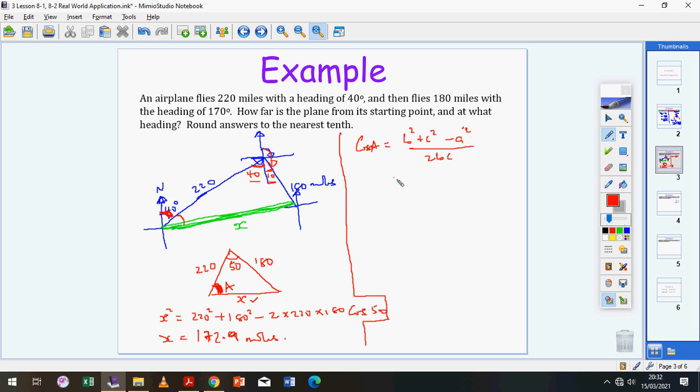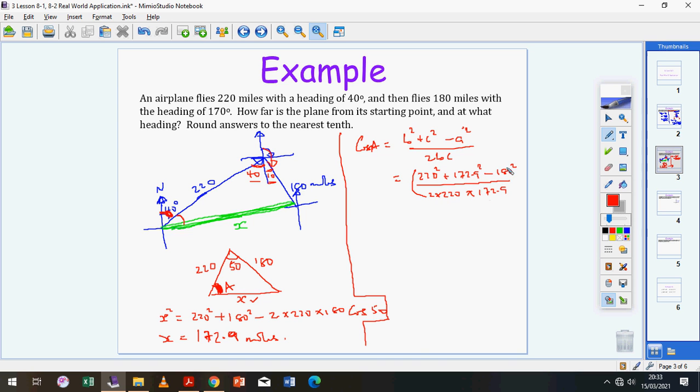So I'll have 220 squared plus the one I just got, 172.9 squared, minus a squared, which is 180 squared, all divided by 2 times 220 times 172.9.